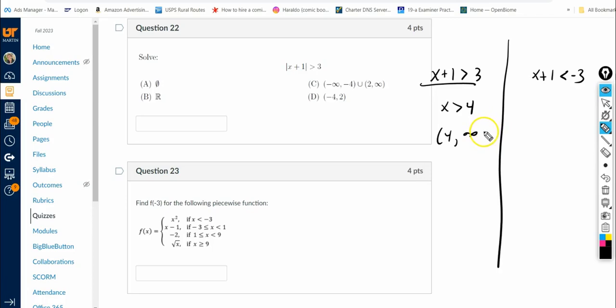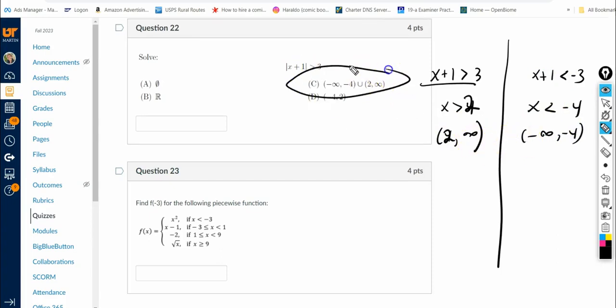Oh, sorry, I have to subtract 1 from both sides, not add 1 to both. Subtract 1 from both sides. And then I subtract 1 from here, x is less than negative 4. So I need these two in there, and I've got C.